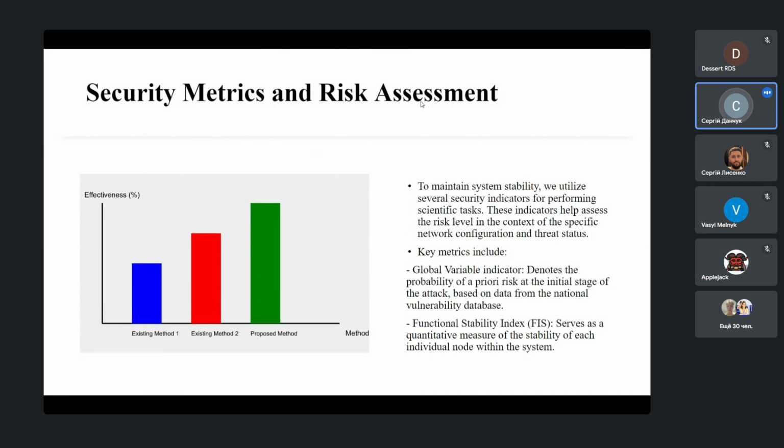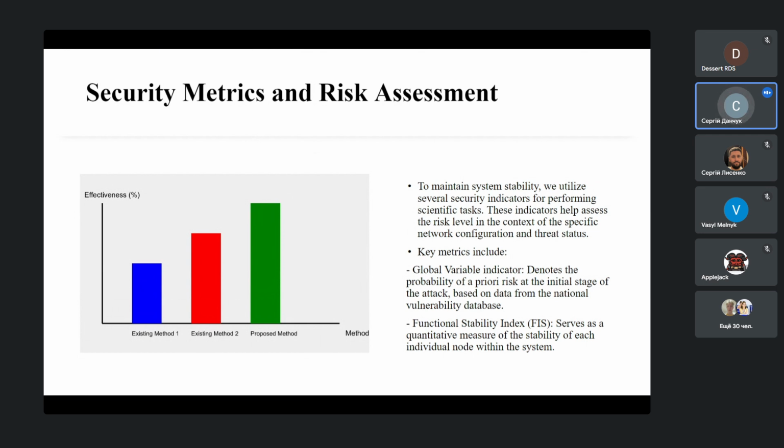Security metrics and risk assessment. To maintain system stability, we utilize several security indicators for performing analytical tasks. These indicators help assess the risk level in the context of a specific network configuration and threat status.